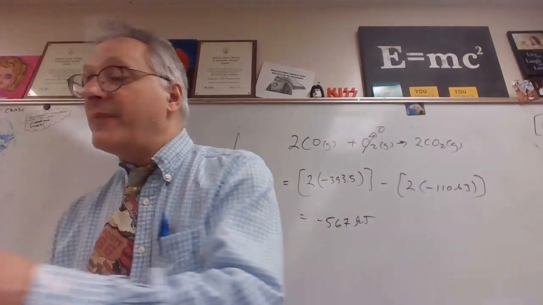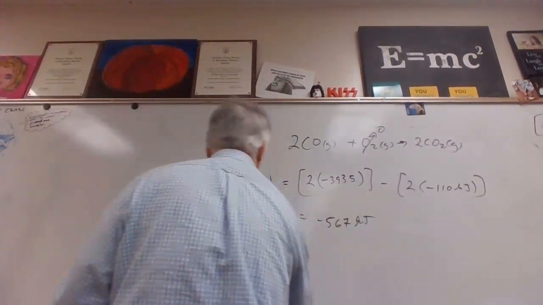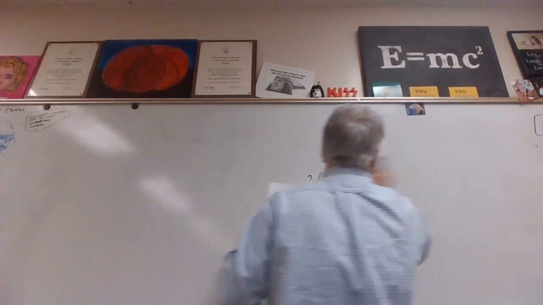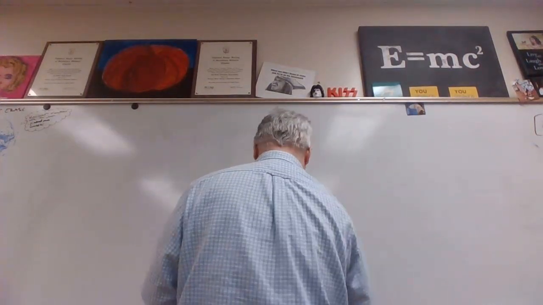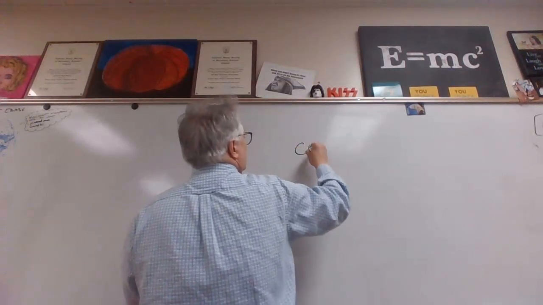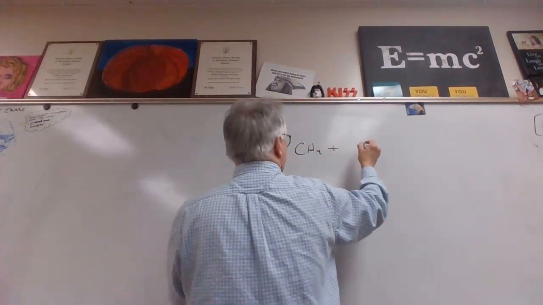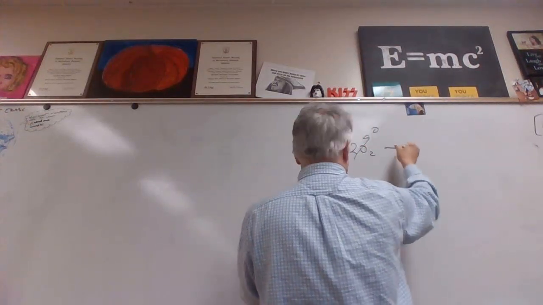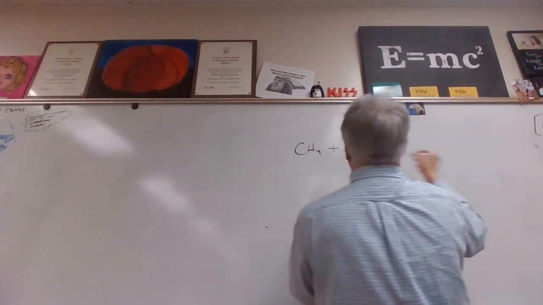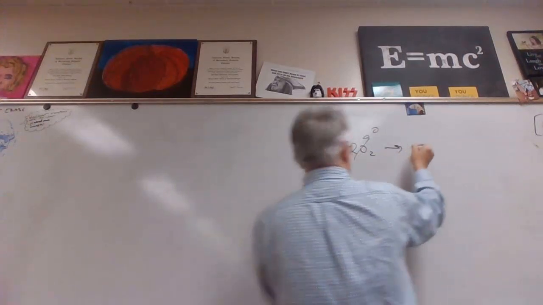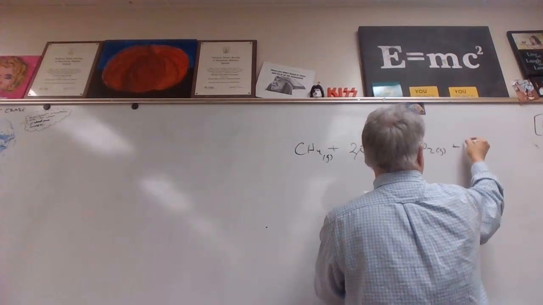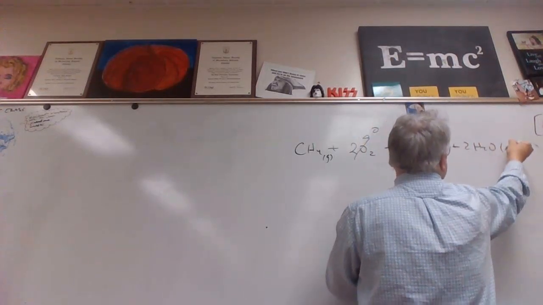This is the combustion of methane. CH4 plus 2O2. We don't have to worry about that. It's going to be 0 because it's an element in its standard state. This is a gas. And then I've got CO2 gas plus 2H2O liquid.